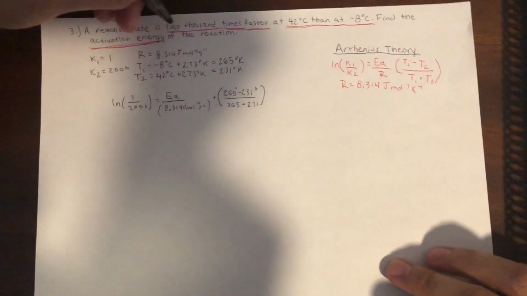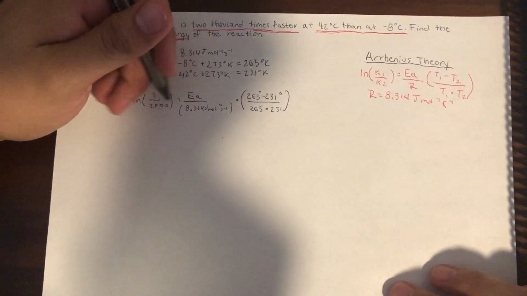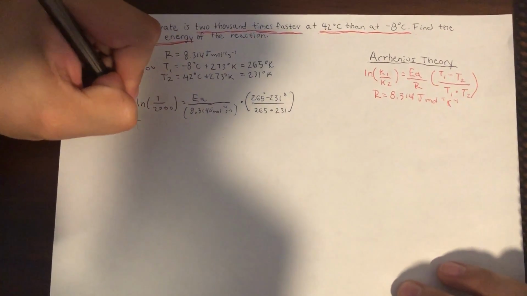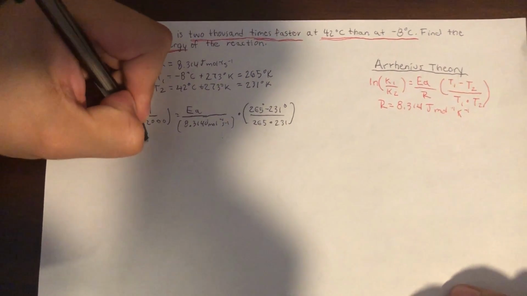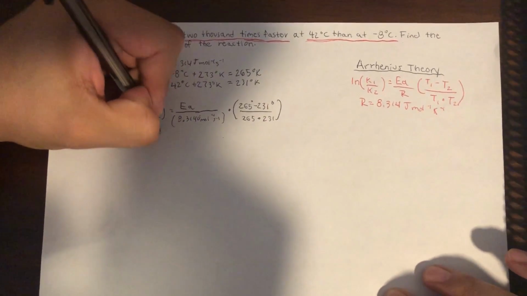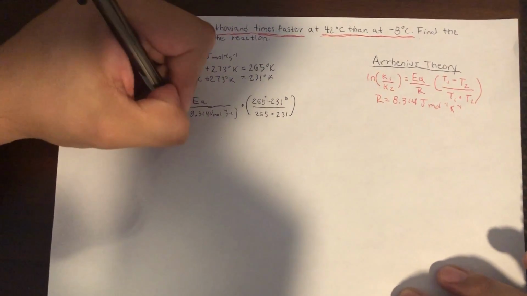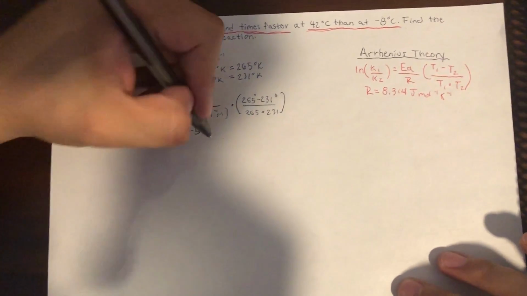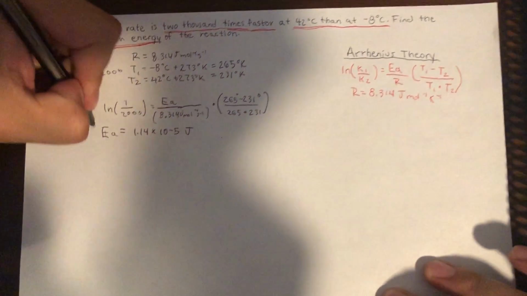So after you plug this all into your calculator and you manipulate the equation, your activation energy is going to end up being 1.14 times 10 to the negative 5, and activation energy is always in joules.